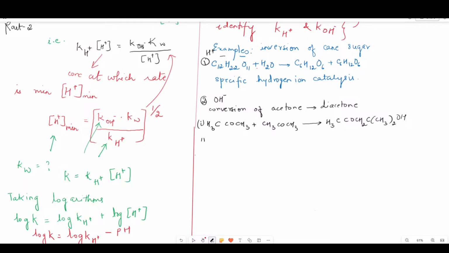We can take another example, that is nitrosotriacetonamine. It is catalyzed by only OH- ions.